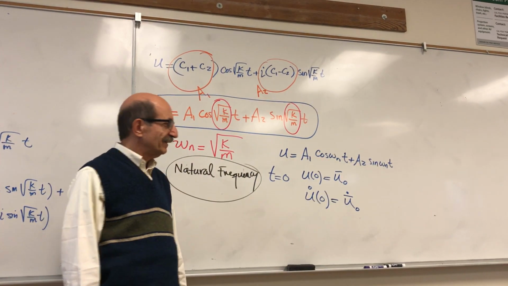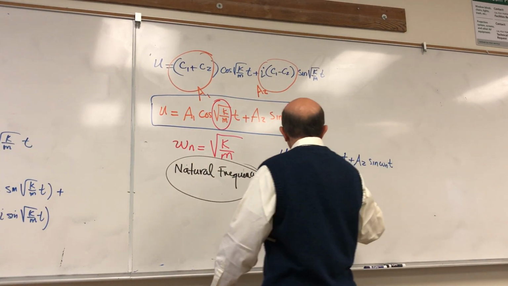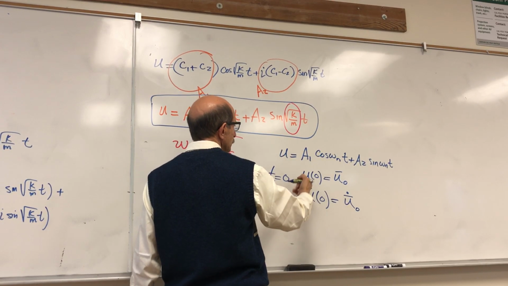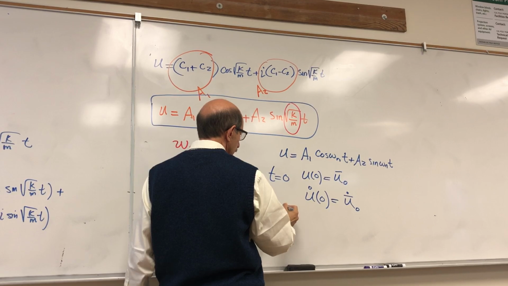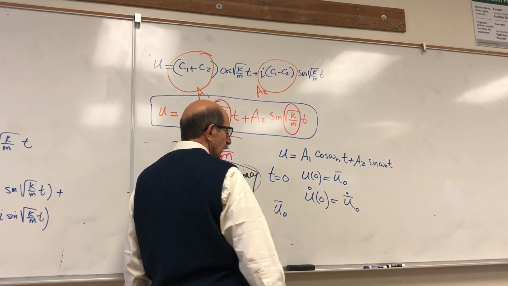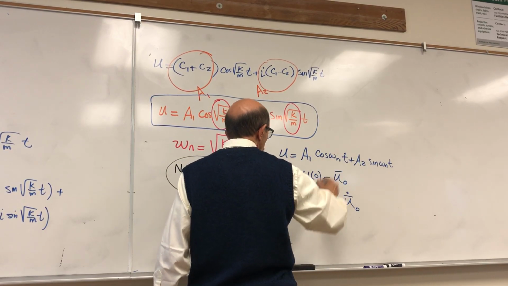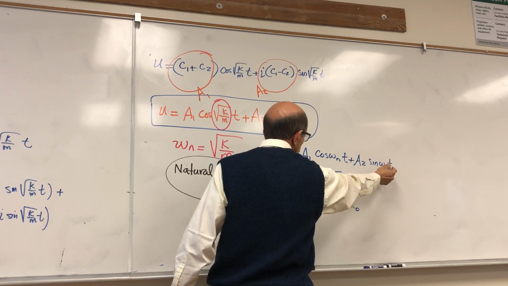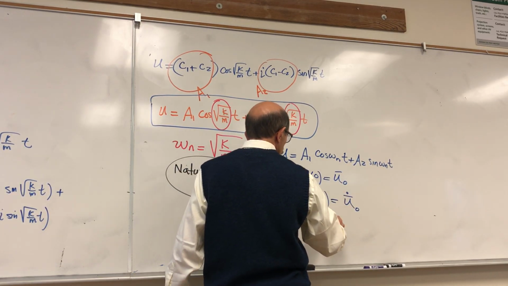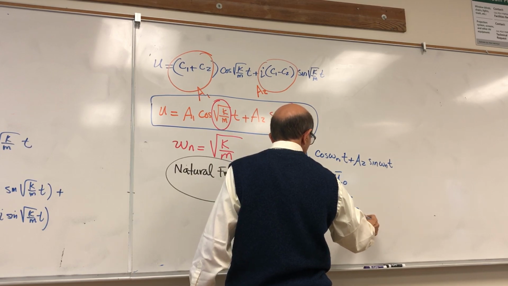Okay. If you have these two, we can find these quantities, right? Because if you substitute for u at time equal to 0, the left hand side is u at time 0. The cosine is going to be 1, so A1. The sine at time equal to 0 would be 0. So A1 then is u bar naught.